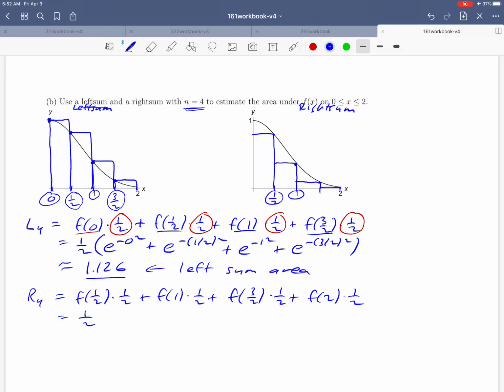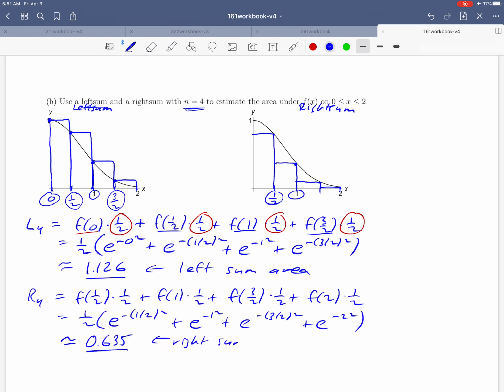So we'll do what we did up above, take that 1/2 out, and then substitute our function values in one at a time. You can use your calculator and come up with an estimate there, and hopefully what you come up with is about 0.635. That's our right sum area.